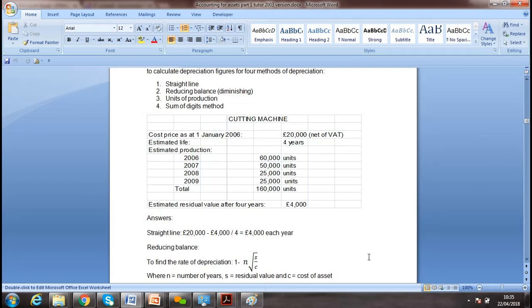Normally in an exam, the depreciation percentage is given. So if not given, then we can use the formula.